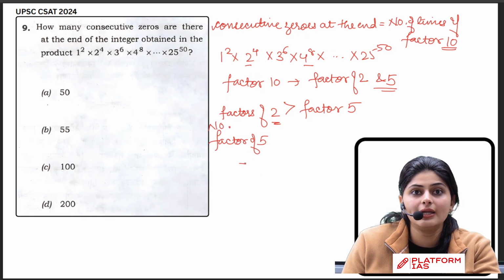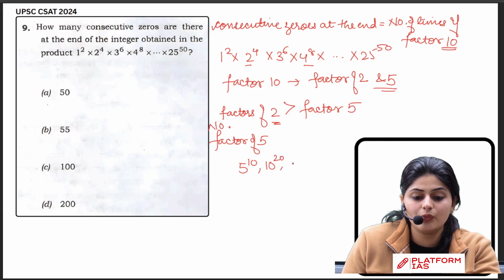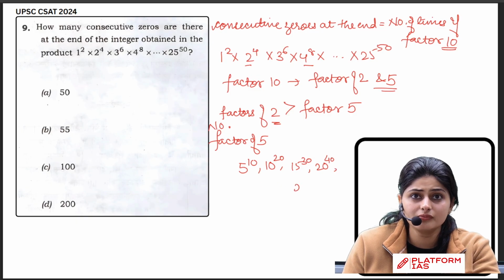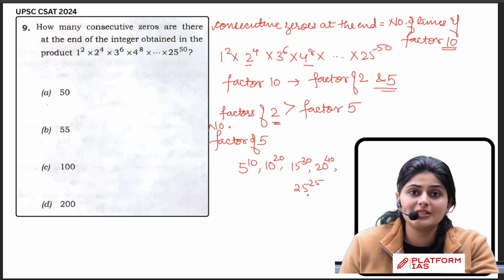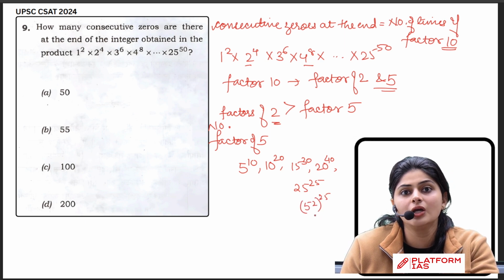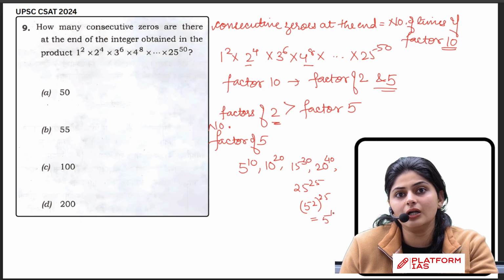How many are there? It is 5 to the power 10, 10 to the power 20, then 15 to the power 30, then 20 to the power 40, then 25 to the power 25. Now this 25 is nothing but 5 squared, to the power 25, which can be written as 5 to the power 50.